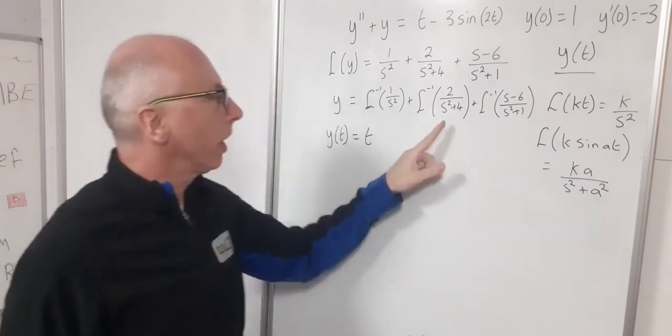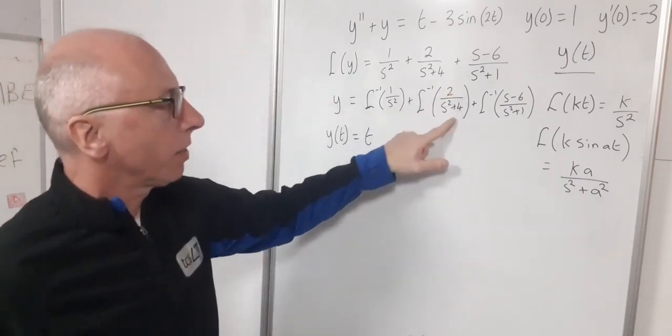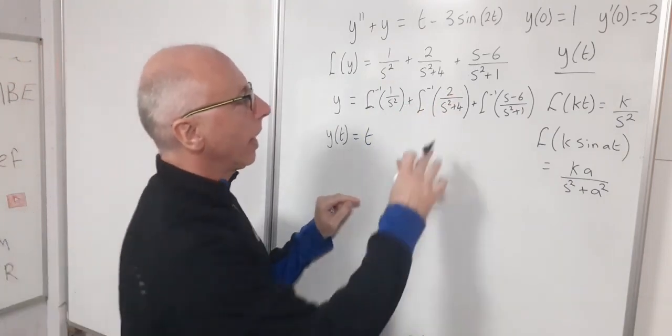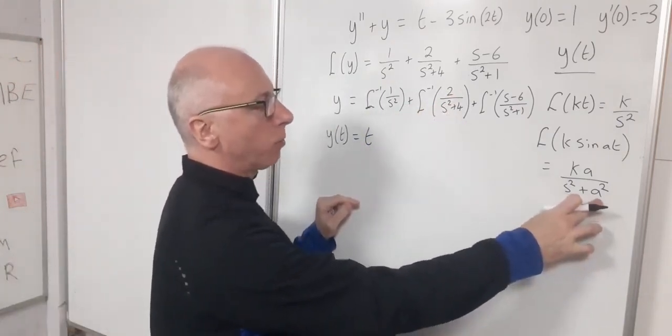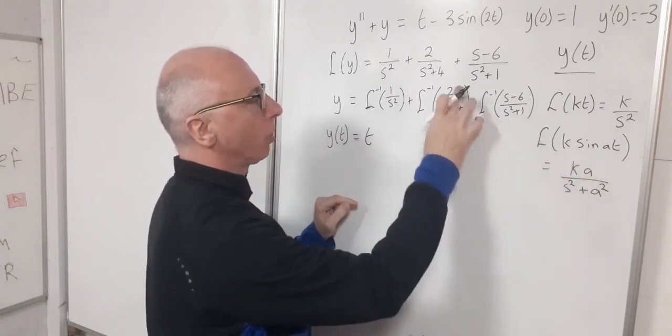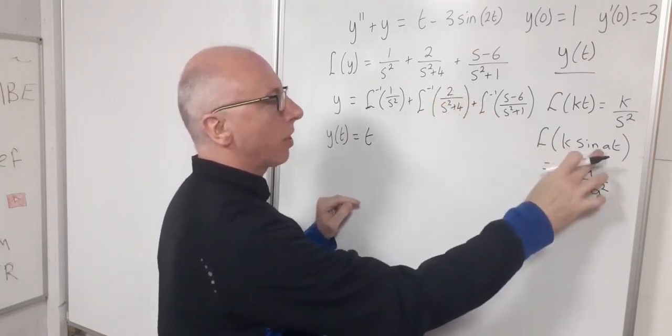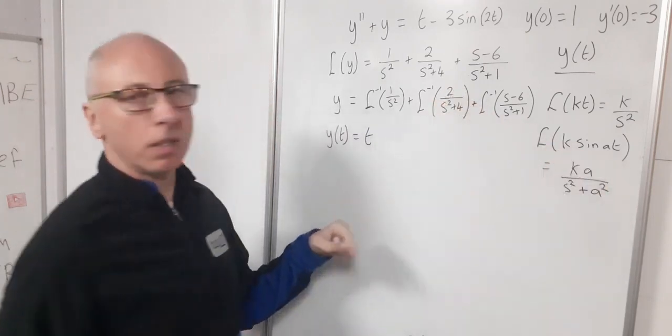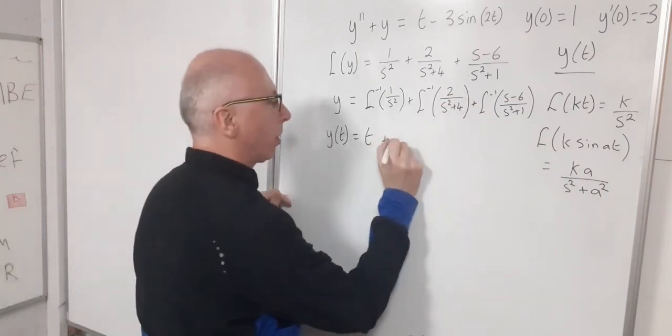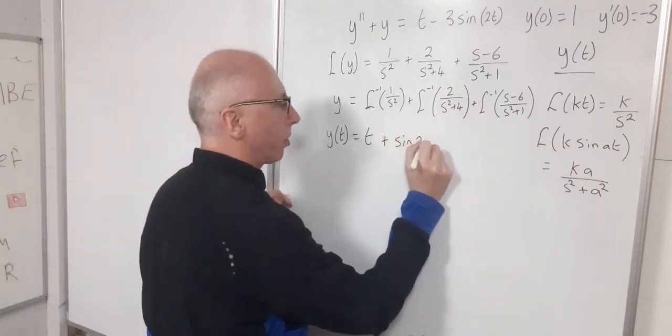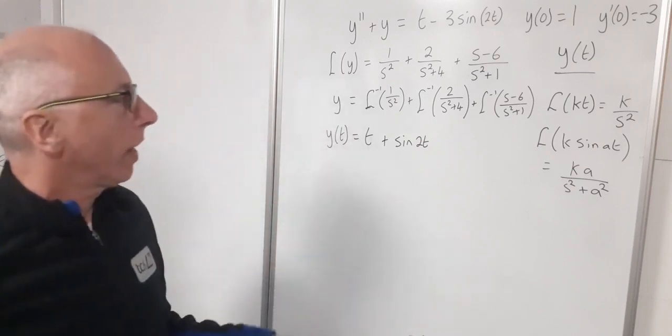So this one here, I'll take the inverse Laplace of that one. k would be 1 because my a squared would be 4. So therefore a would be 2. So therefore I would have sine of 2t. So that takes care of that one. Plus sine of 2t. So that's good.